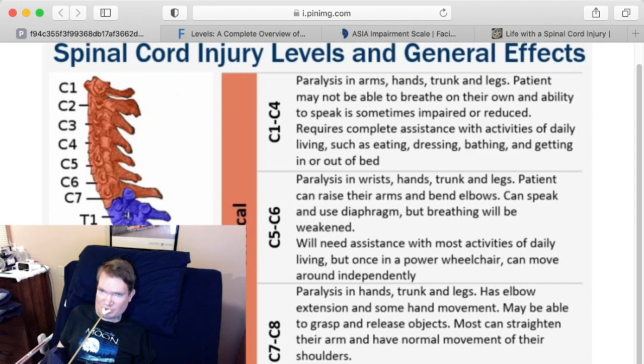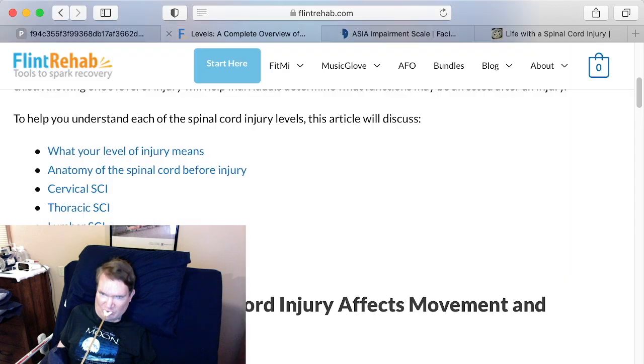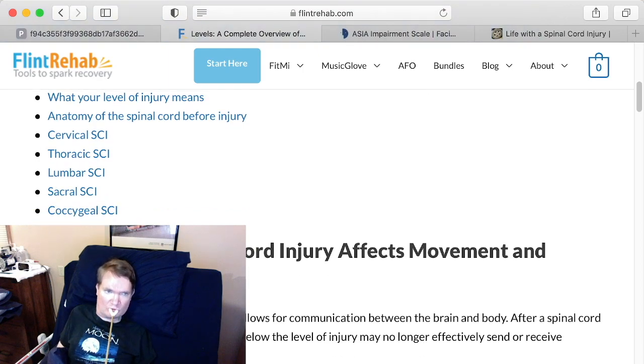But let's take a little bit more of a detailed view here. So, again, we have the 4 levels listed of cervical, thoracic, lumbar, and sacral. And Flint Rehab here adds another one of coccygeal, if I'm pronouncing that right. And that is the very bottom of the spine.